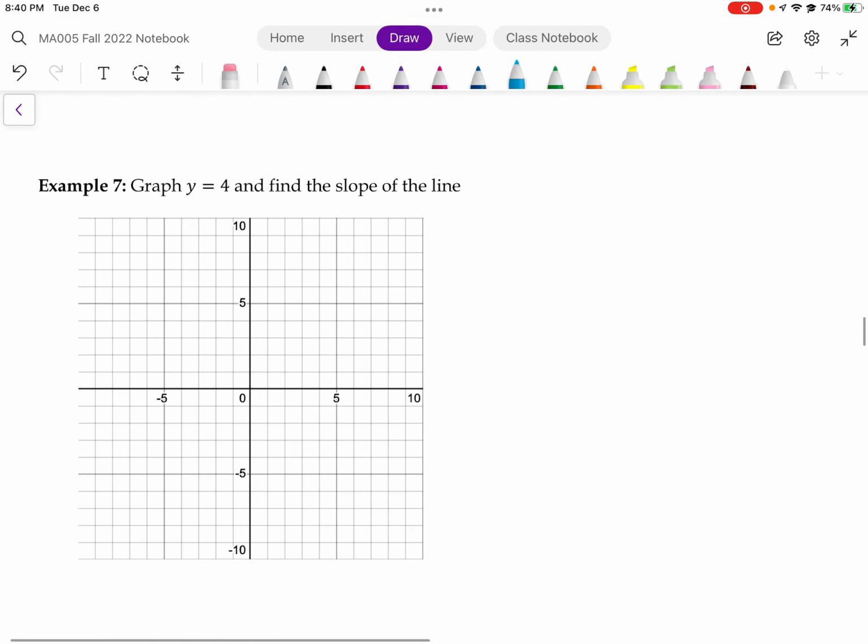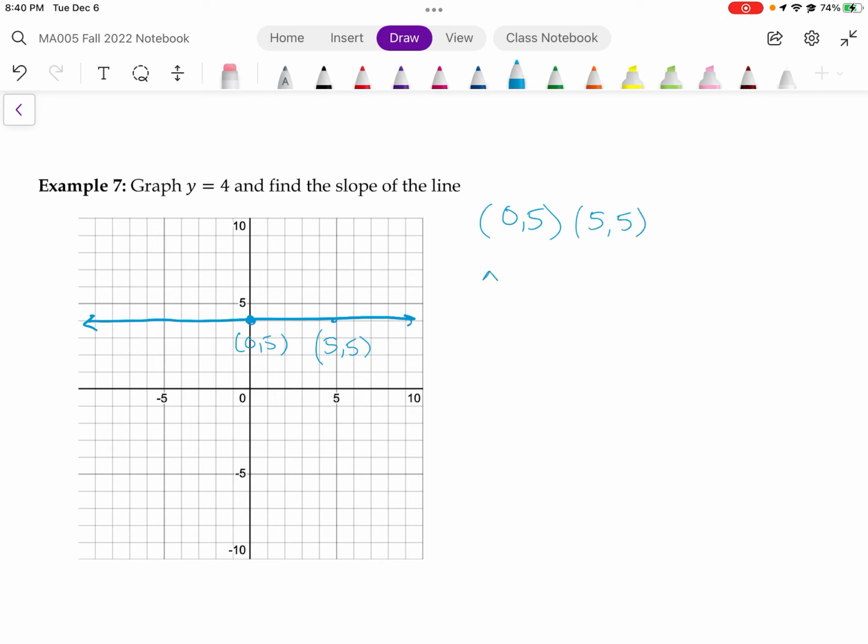All right. So graph y equals 4 and find the slope. Y equals 4 is right here. And find the slope. All right, let's pick 2 points. So I've got 0, 5, and I've got, let's do 5, 5. All right, so 0, 5, and 5, 5.